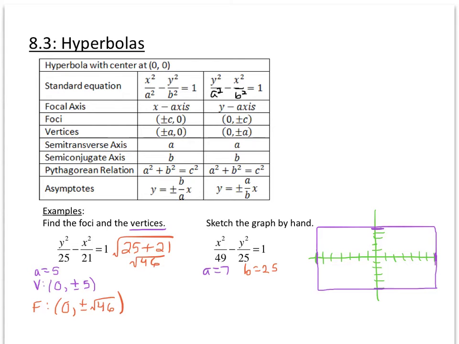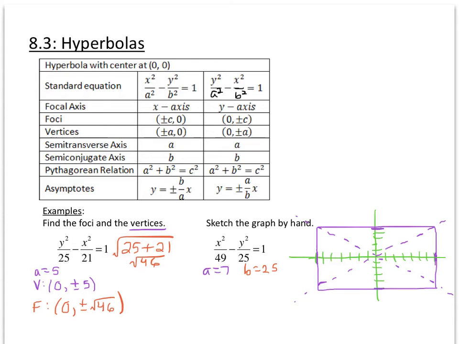Step 2, draw diagonals in your box that are dotted lines because those are your asymptotes. Step number 3, and this part is the only part that's actually our hyperbola, is this part that we're about to draw. But I want you to draw this whole thing. You have to draw all of this to actually get all the points on the graph.